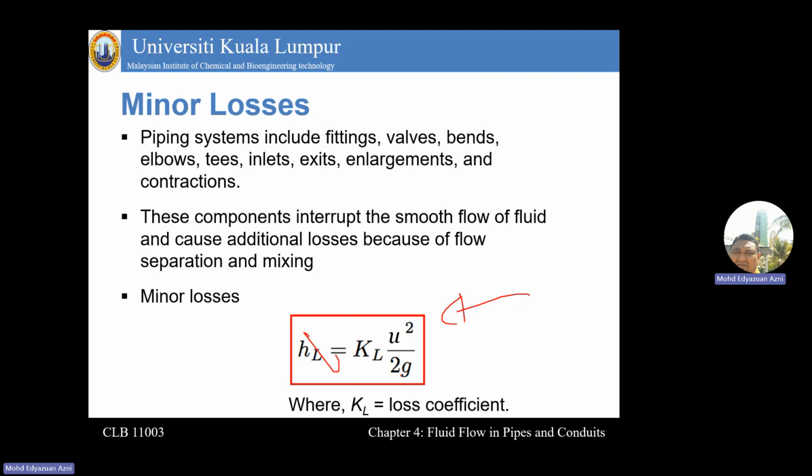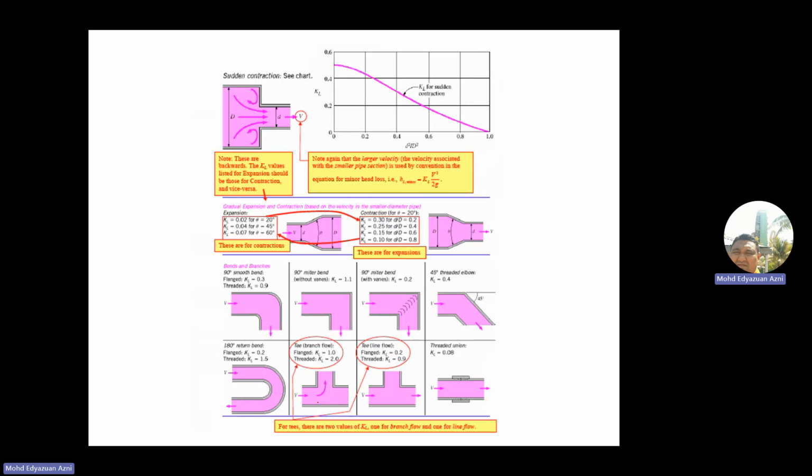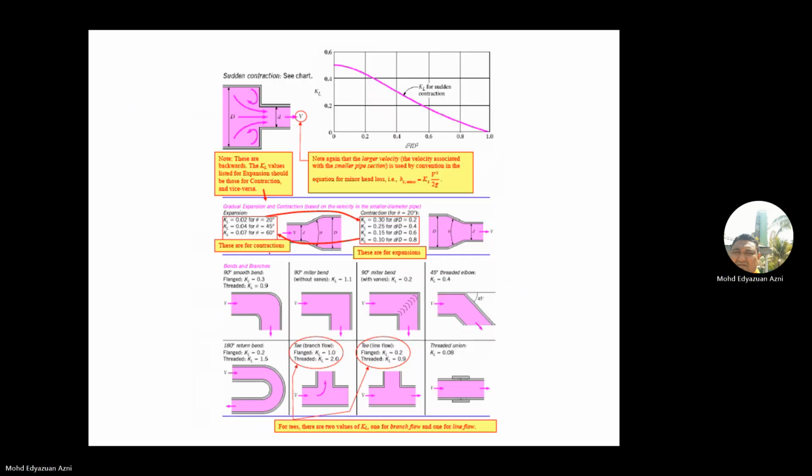So u squared and 2g we can already get from the problem, but how can we get the K_L, which is the loss coefficient? We can use this reference to determine the K_L. Everything has its own value, so you can check here.